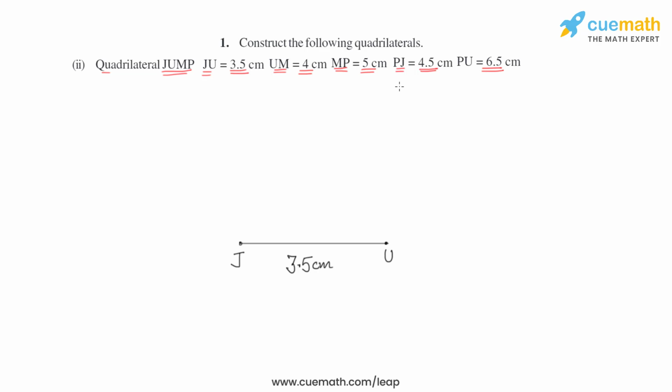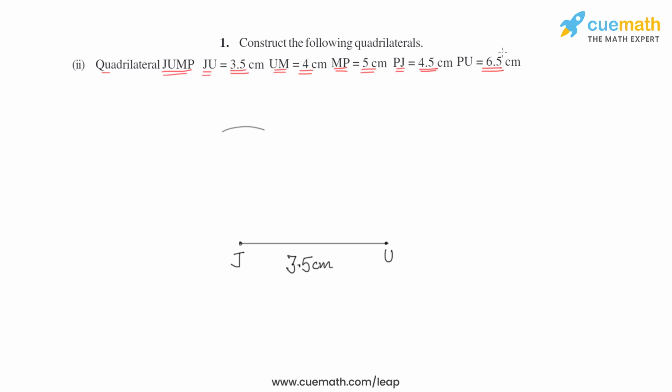When we draw a rough diagram, we will see that PU will be the diagonal. So first we have to construct triangle PJU. P will be opposite to U. So first we construct PJ. Taking J as center and a radius of 4.5, because PJ is 4.5, we draw an arc like this.